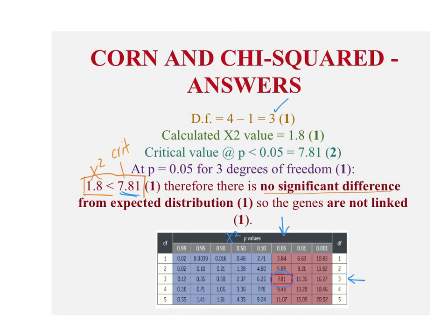Therefore, there is no significant difference between the observed and expected. And therefore, again, remember we need to suggest a reason why there is that difference or what the relationship between them is. We can say that the genes are not linked. Now, you could have given another reason, due to chance, and again, you might want to just talk to me on chat and find out whether your answer would be appropriate or not for that point.